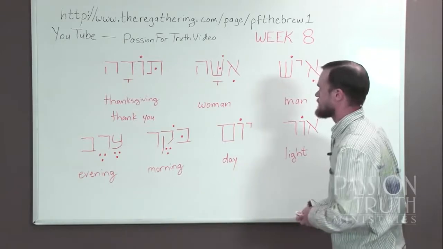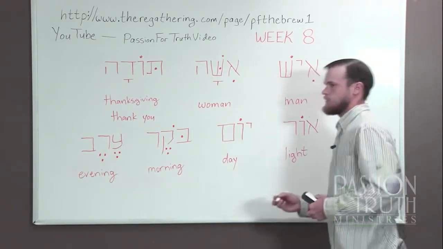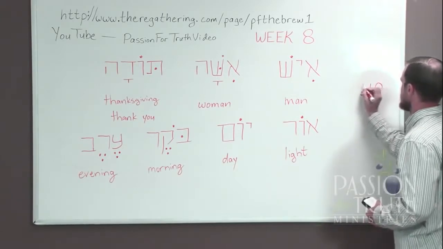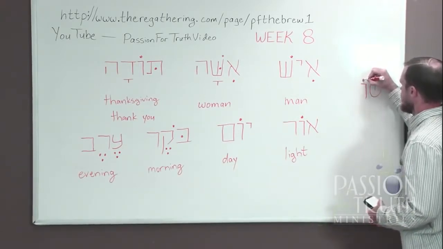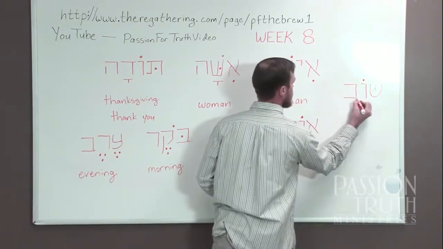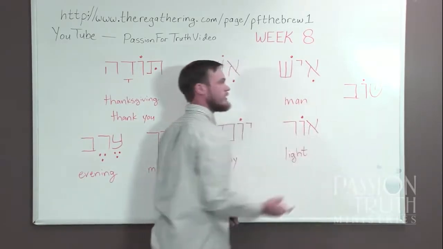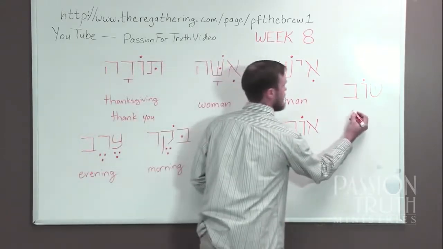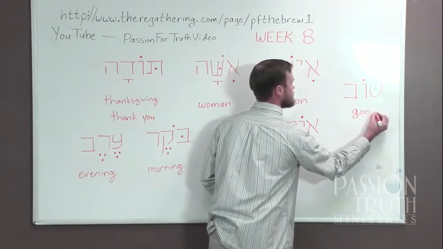And then the adjective I've been using with all of these, tov, is spelled tet, vav with cholam, and then a beit with no dagesh. So tov. Tov means good.